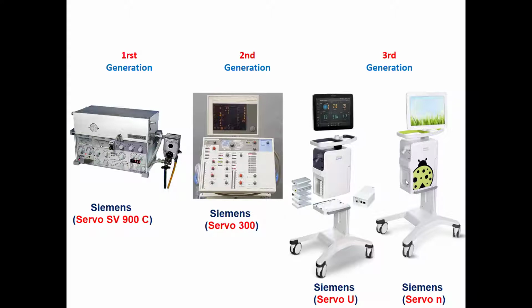In the latest generation, which is the Servo U and Servo On, all of these tasks are now done automatically. And also the technology here was analog based, whereas most of the technology here is digital based.